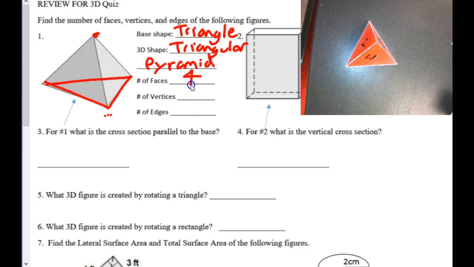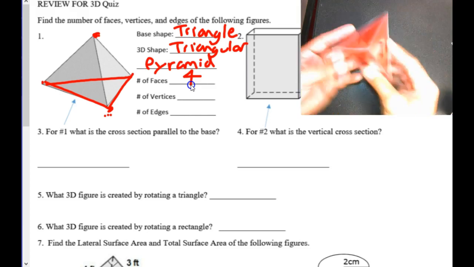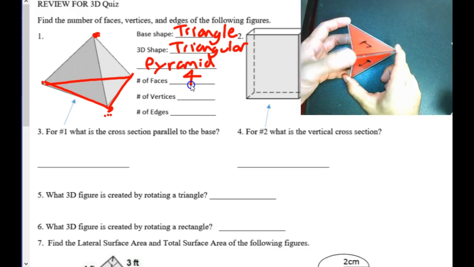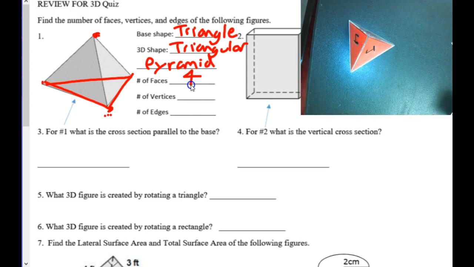Not 6. 4, right? So the bottom triangle has 3, 1, 2, 3. And the very top, 4, right? If I was holding it in my hand, I'd see that there's 3 on the bottom and then 1 on the top. So yeah, 4 vertices.